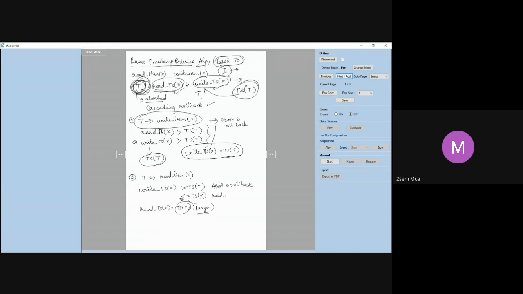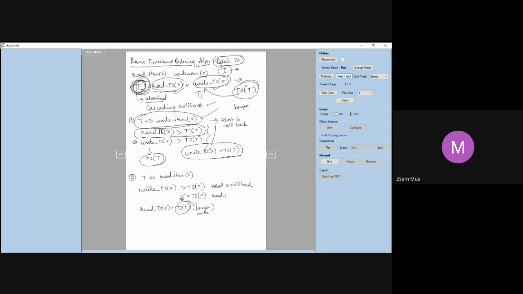Now, when this new transaction T wants to do a write operation on X, you have to compare the timestamp of T with the read TS of X and the write TS of X. Read TS of X contains the largest timestamp of the youngest transaction which has already done the read operation.